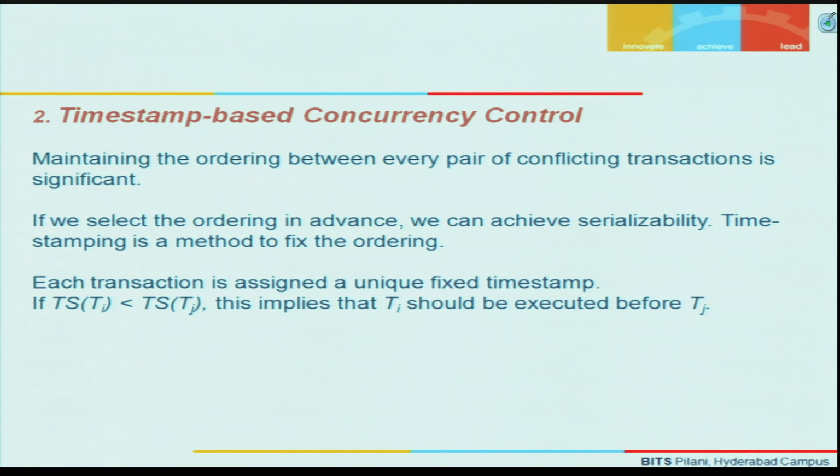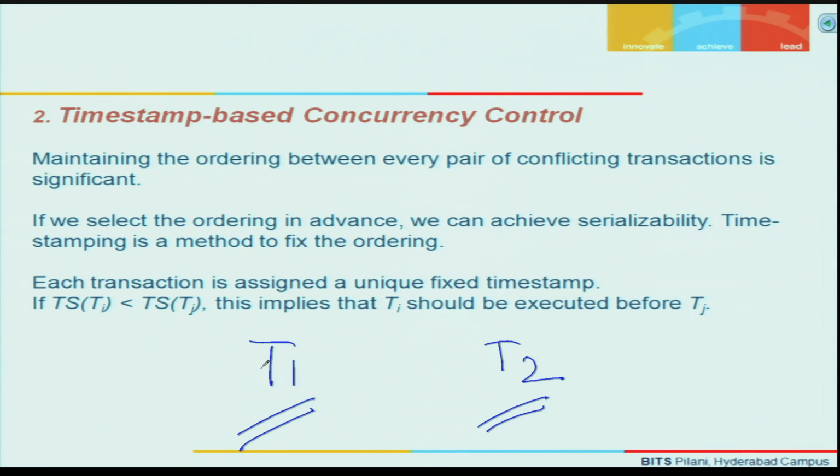Maintaining the ordering between every pair of conflicting transactions is significant. If we select the ordering in advance, we can achieve serializability. Timestamping is a method to fix the ordering. That means if you have two transactions and they have some conflicting operations, and you have the order between these two transactions, let us assume that T1 and T2 are the transactions, and I have an ordering saying that T1 is first in the order and T2 is second, how can I fix this order?